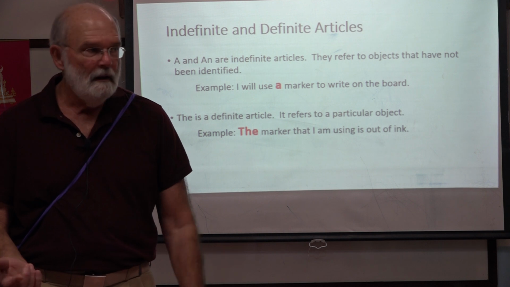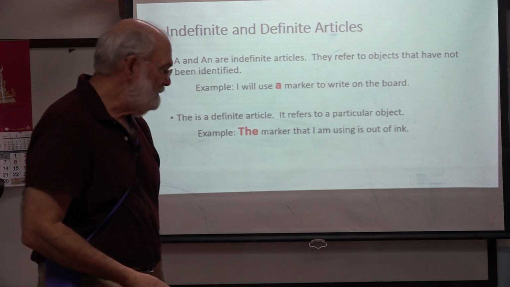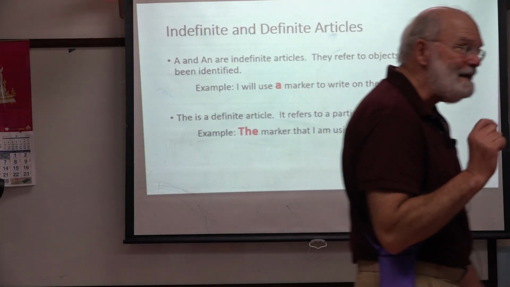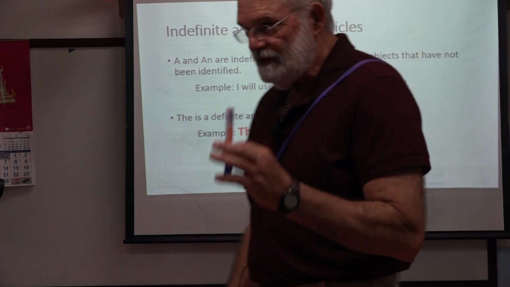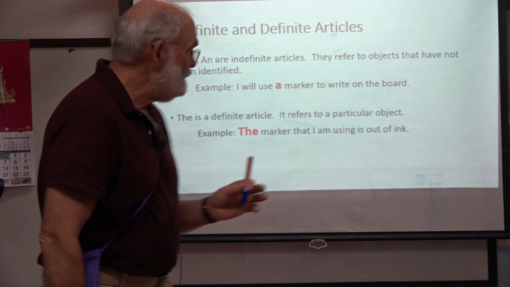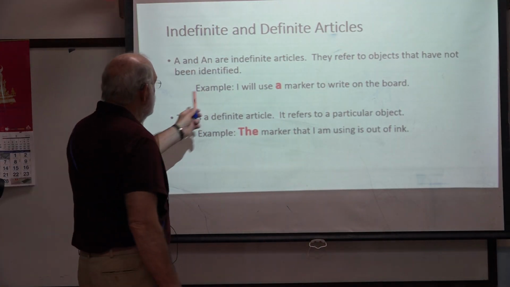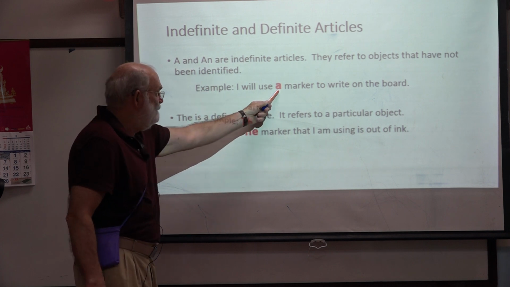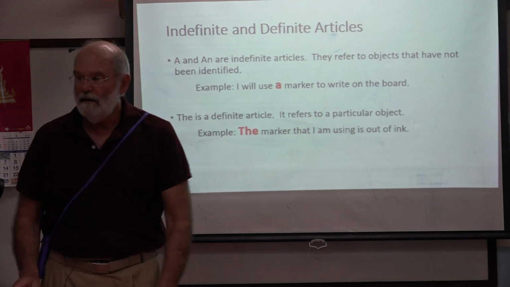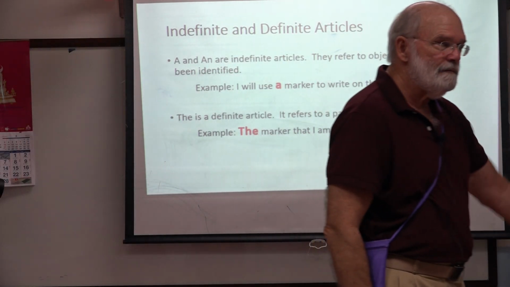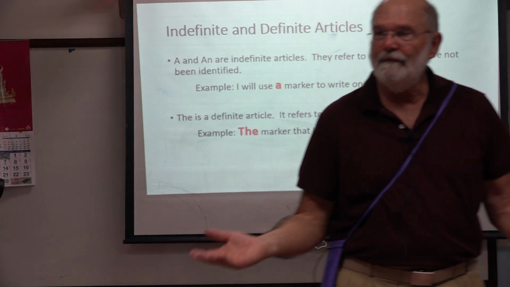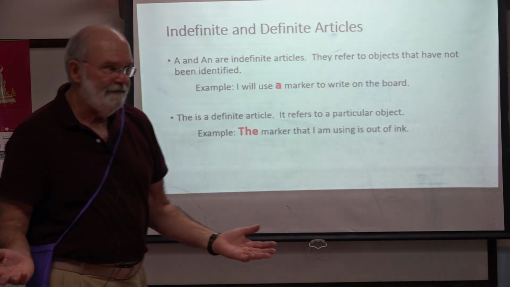Okay? Now, if I said I will use the marker to write on the board, I'm referring to a definite marker, a particular marker. So we use a or an to refer to any old marker. That marker, those markers, any marker. It's an indefinite article.